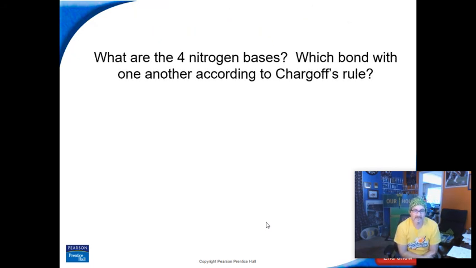What are the names of the four nitrogen bases? And which ones bond with one another? If you can't remember, you might want to take a look at number 18 and number 20.